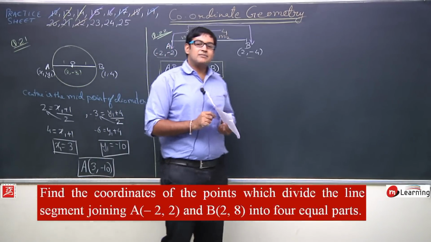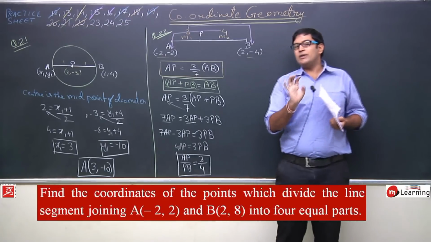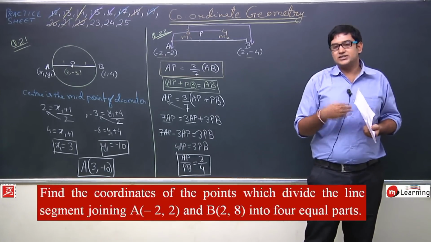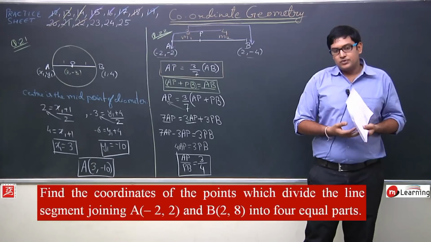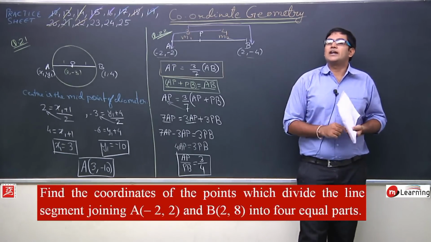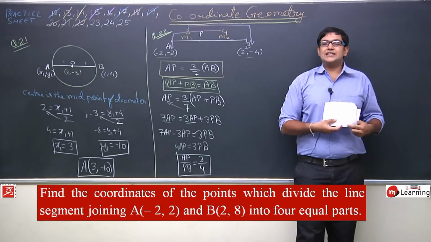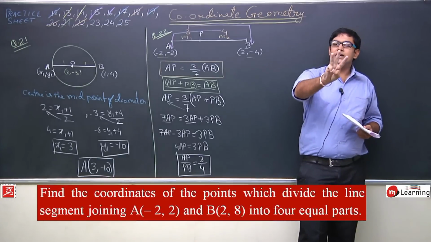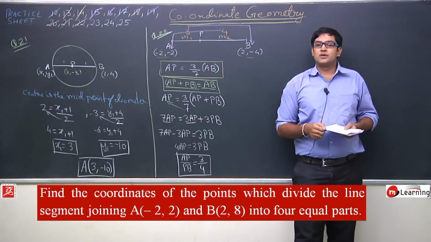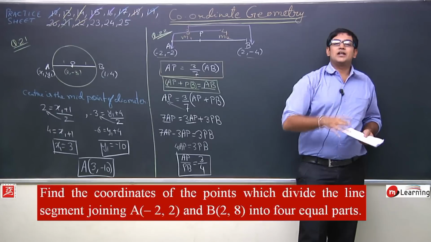If I have a line segment AB and I want to divide it into 4 parts, then how many points do I need to divide this line into 4 parts? Just try to figure out. जब हमने बाइसेक्ट करने की बात की थी, मतलब दो बराबर टुकड़ों में बांटने की बात की थी, तब एक पॉइंट की जरूरत लगती है. जब हमने किसी लाइन को 3 टुकड़ों में बांटने की बात की थी, तब हमने कहा था कि 2 पॉइंट्स की जरूरत लगती है. इस केस में हमें एक लाइन को 4 बराबर टुकड़ों में बांटना है.